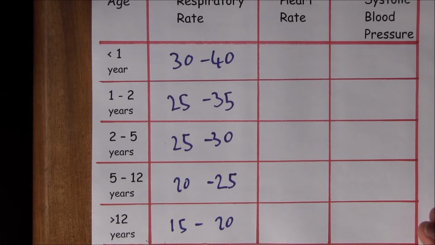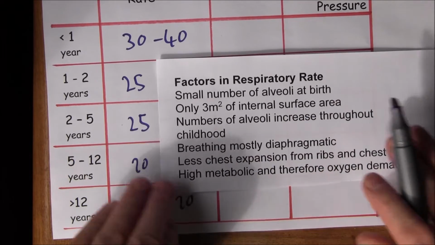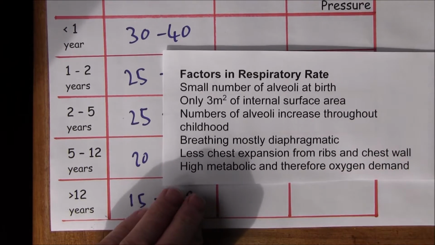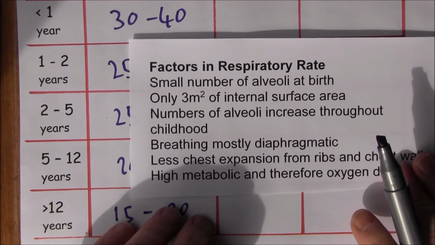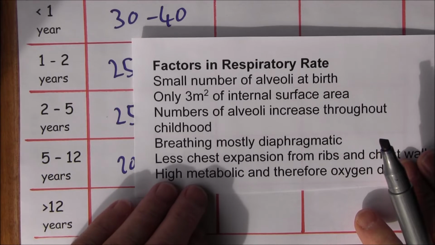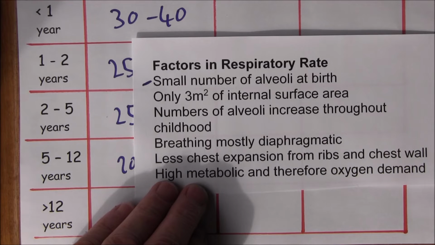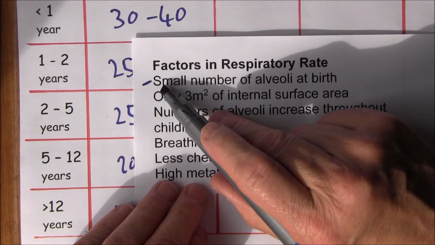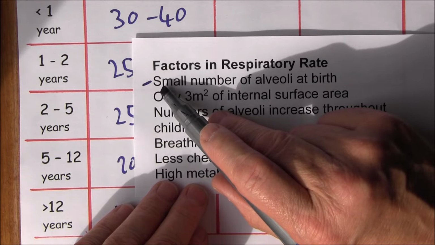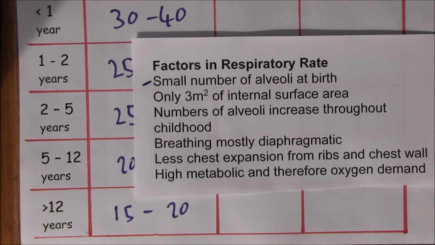So let's think about why this is. What are the factors in respiratory rate that can explain the differences we notice with increasing age? Well, children are born with a small number of alveoli. At birth, children will only have about 10 million alveoli across both lungs, and that's going to increase very significantly as we age.